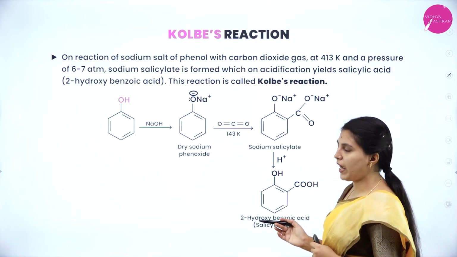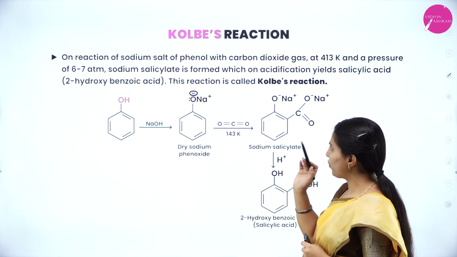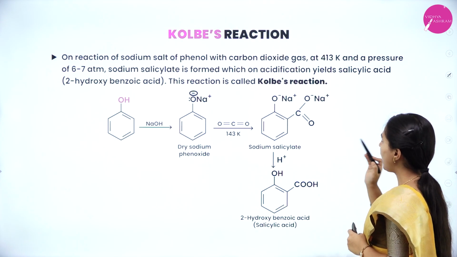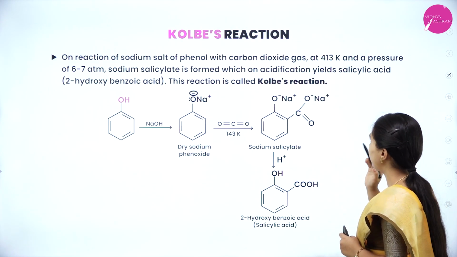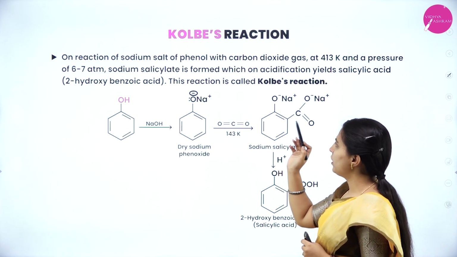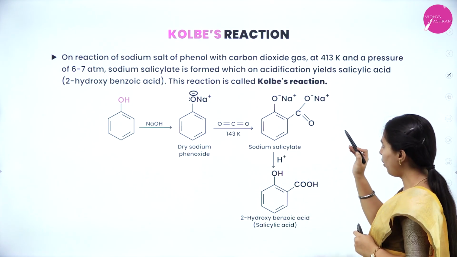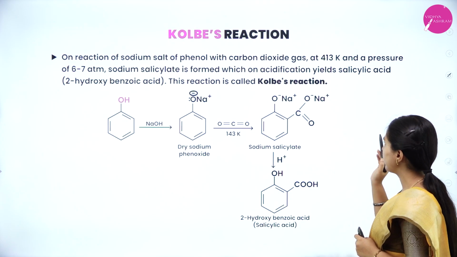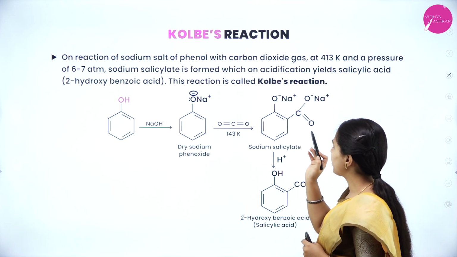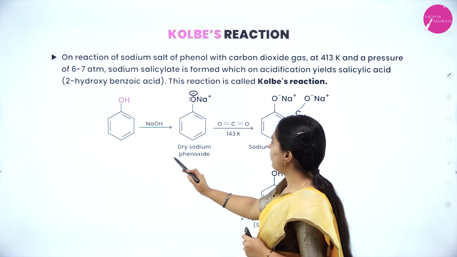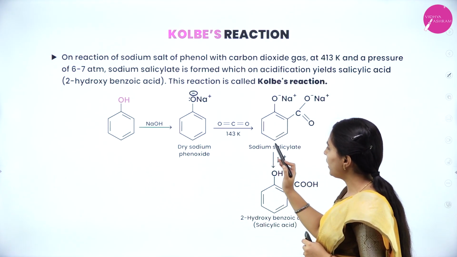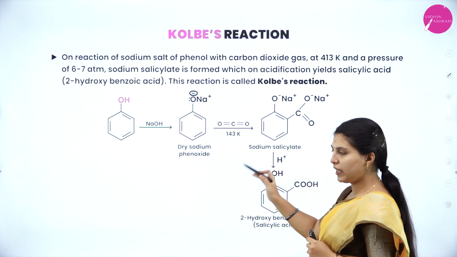Next, Kolbe's reaction. On reaction of sodium salt of phenol with carbon dioxide gas at 413 Kelvin and a pressure of 6 to 7 atmospheres, sodium salicylate is formed, which on acidification yields salicylic acid. This reaction is called Kolbe's reaction. When phenol is treated with sodium hydroxide, sodium phenoxide will form.